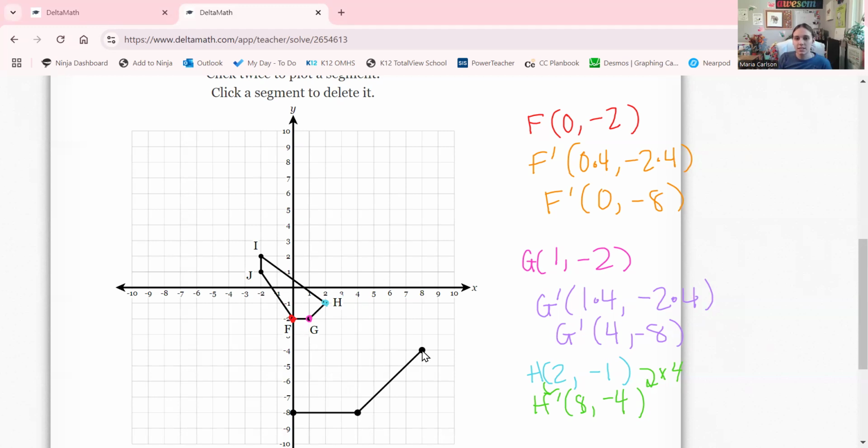All right. Next, let's move I. I is the point -2, comma 2. If this is going to be dilated, we are going to multiply the x and the y values by 4. So this is -2 times 4, comma, 2 times 4.